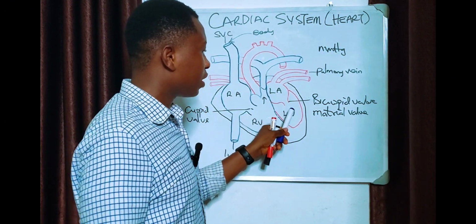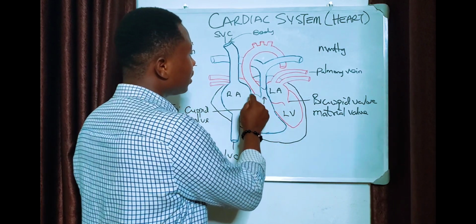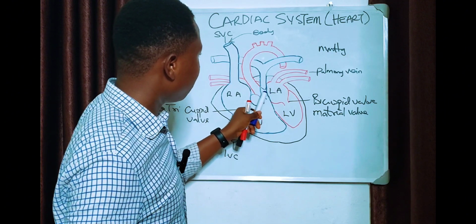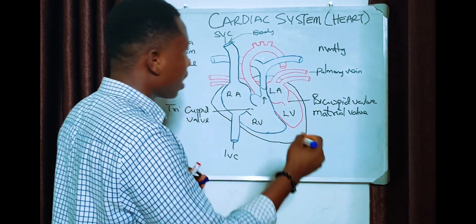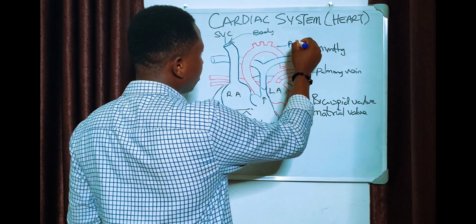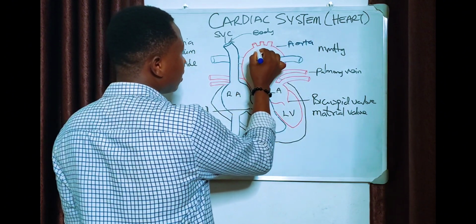That's the same thing that happens here in the left ventricle. The left ventricle contracts, it pushes blood through this part. And this vein is one of the biggest veins in the body. It is referred to as the aorta, right? Now, this is called the aortal arc.